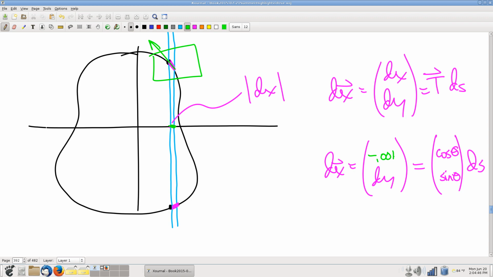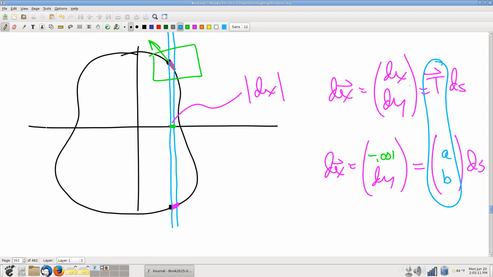Oh, by the way, I guess I didn't really need to write those as cosine theta, sine theta. We already computed the T vector, or you guys are going to compute the T vector, so I'm just going to call those a and b.